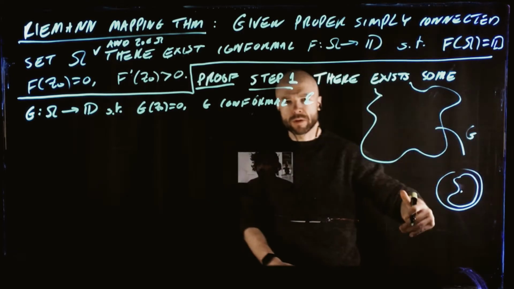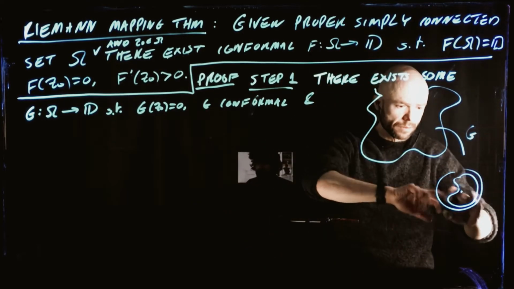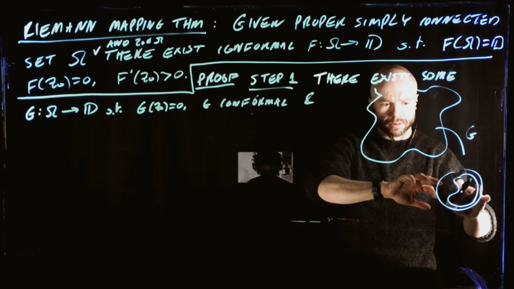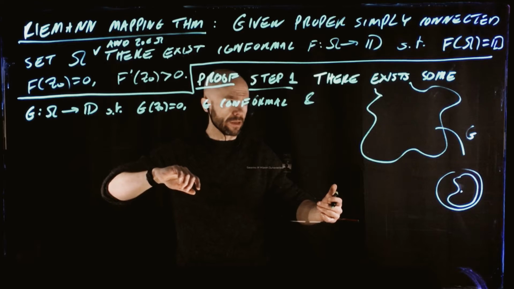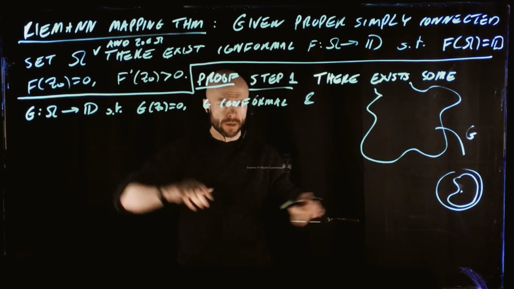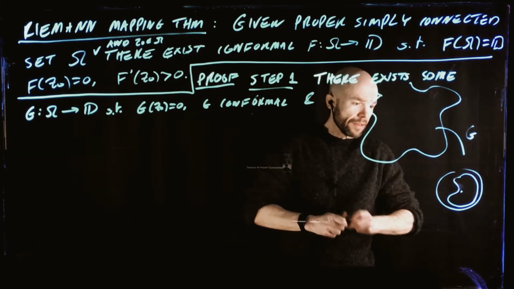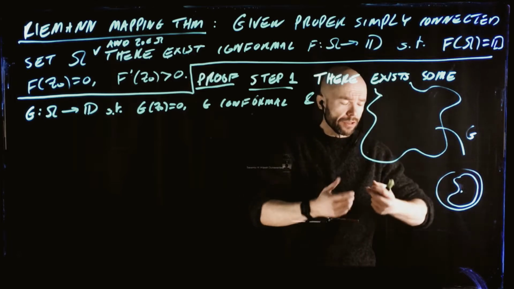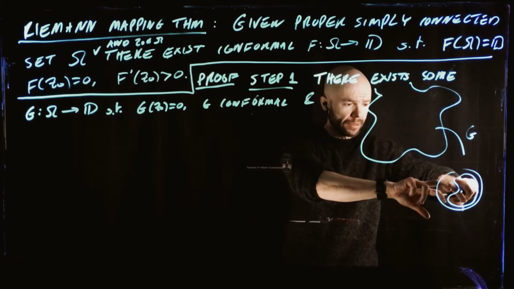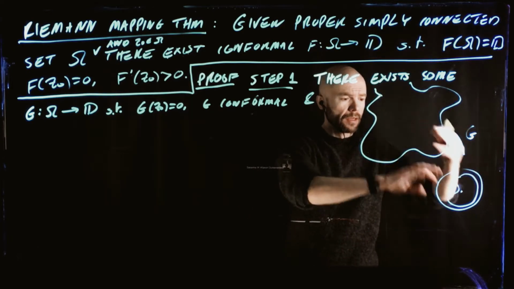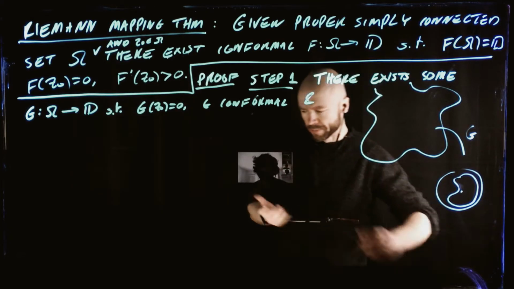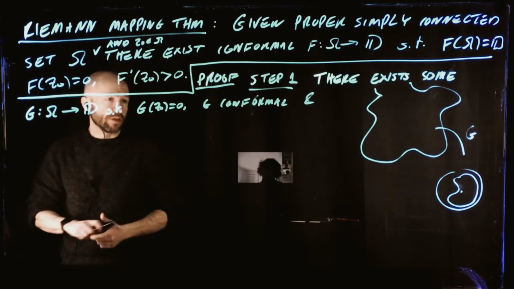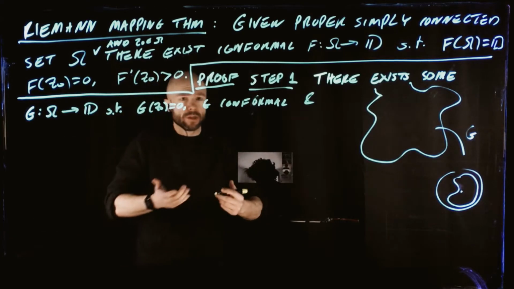It's going to reduce the problem down to something nicely contained inside the unit disk, and we're not having to worry about z0, we will just have 0 itself. Once we do that, we can consider the family of functions that map things from this subset into the unit disk, whose derivative at this point has certain nice properties, but we'll get to that in a second. So this first step is simply a reduction.